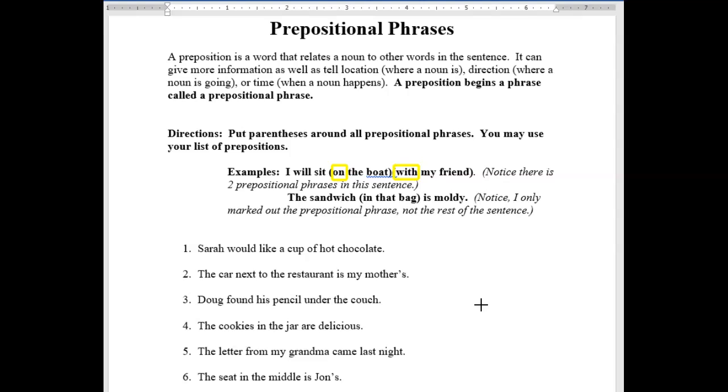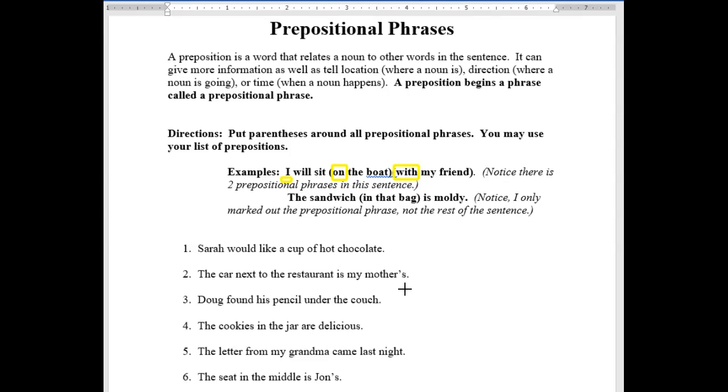Another thing to notice is that a prepositional phrase will never be the subject or the verb of the sentence. So, like we do most times when we're working on sentences, what do we do? We underline the subject once. So what would be the subject in this sentence? Okay, I. See if I can do that neatly.